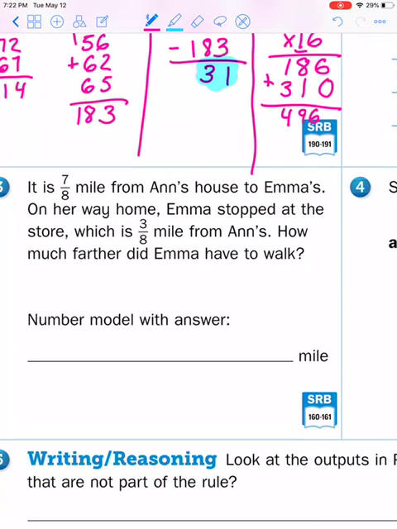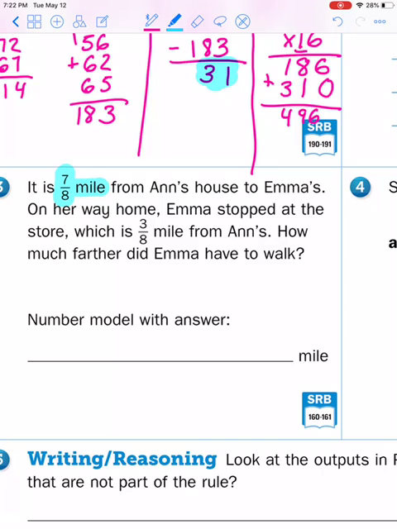Okay, let's look at number 3. It is 7/8 mile from Anne's house to Emma's. On her way, Emma stopped at the store, which is 3/8 mile from Anne's house. How much farther did Emma have to walk? Okay, so let's read that again. So we know that from Anne's house to Emma's is 7/8 mile.